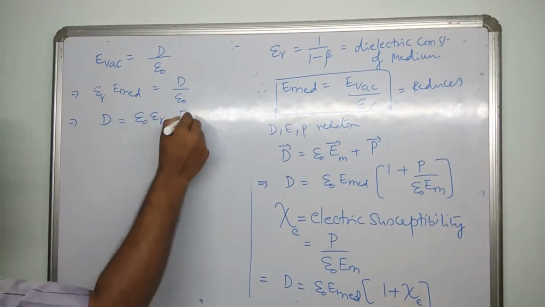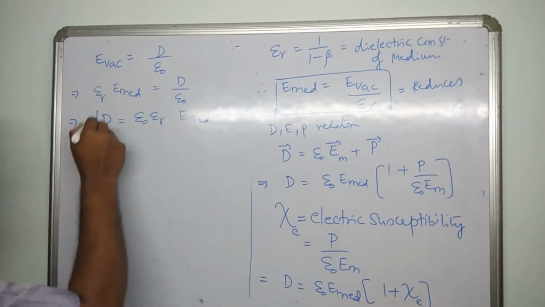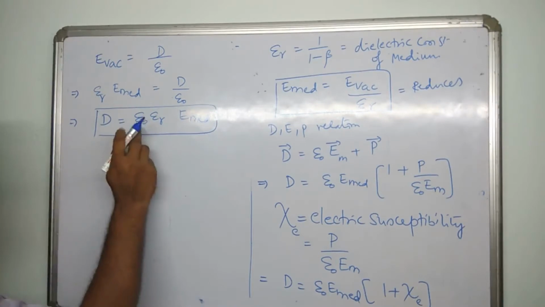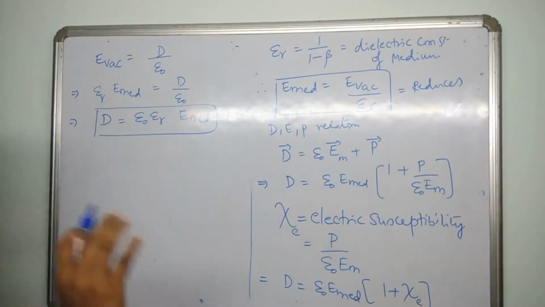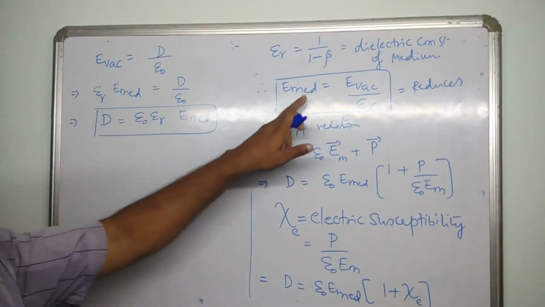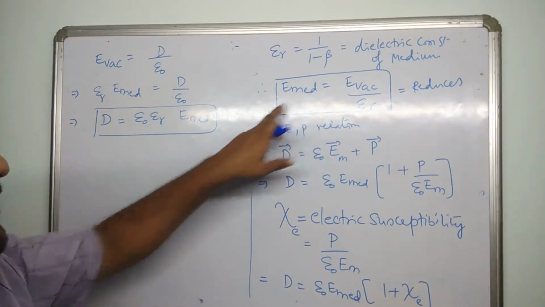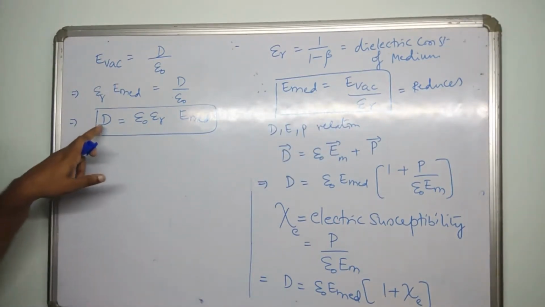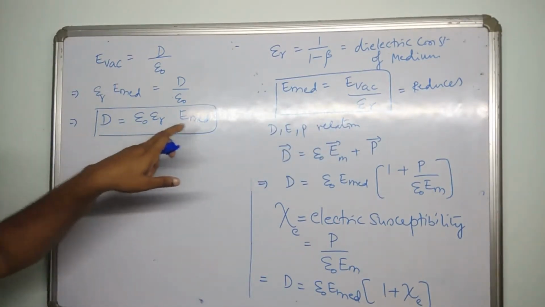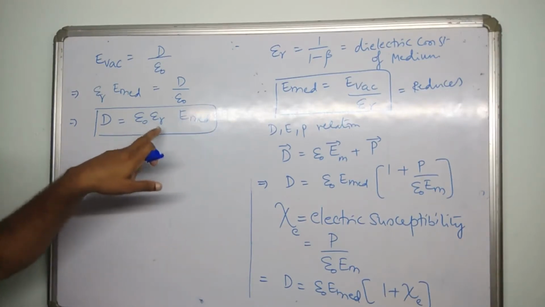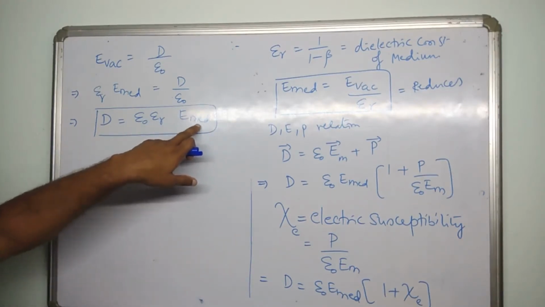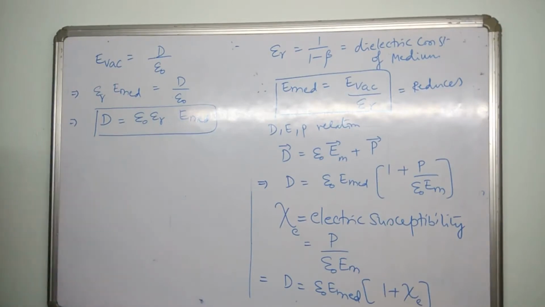Please observe, D is not always equivalent to epsilon 0 into E vacuum. That's why we have to take care of E vacuum and E medium. In the case of a medium, D is not directly equal to epsilon 0 E vacuum, but it is epsilon 0 epsilon r times E medium. Right? There is a difference. That's why you have to remember the distinction.